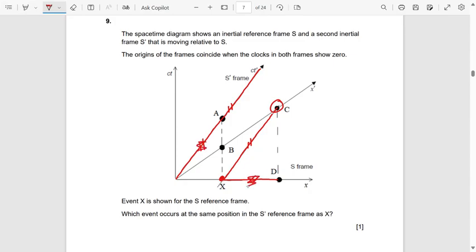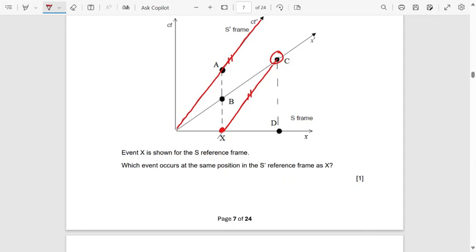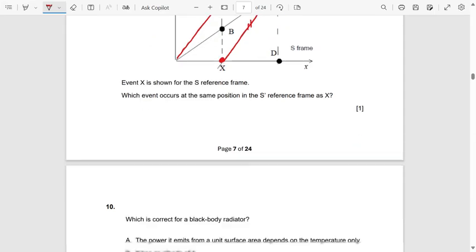So it's not either of those. So let me just clean that up, and just one more time. If they occur at the same position, the two lines that connect them must be parallel. So the line intersects at C.